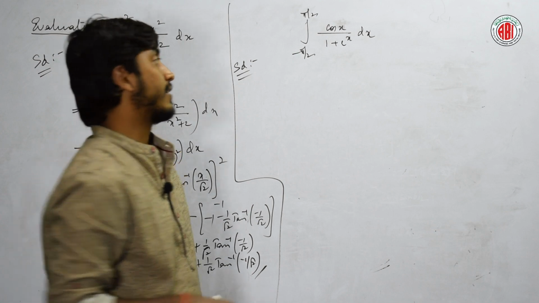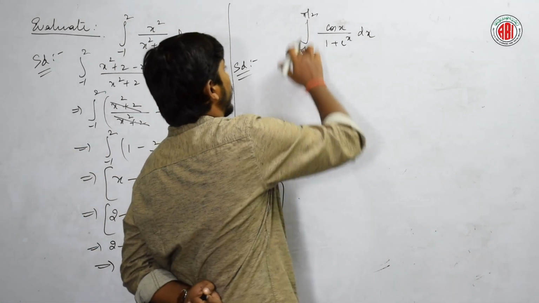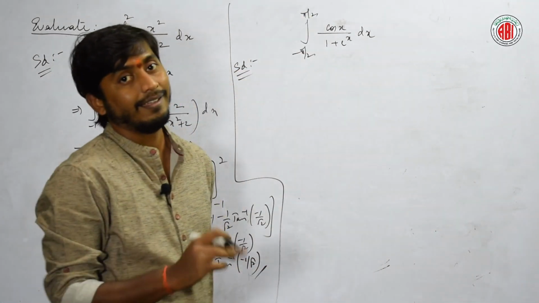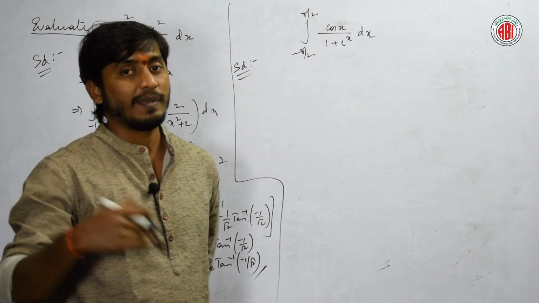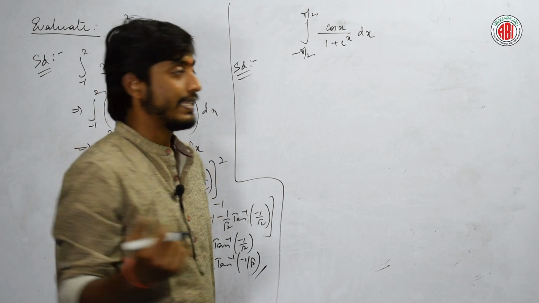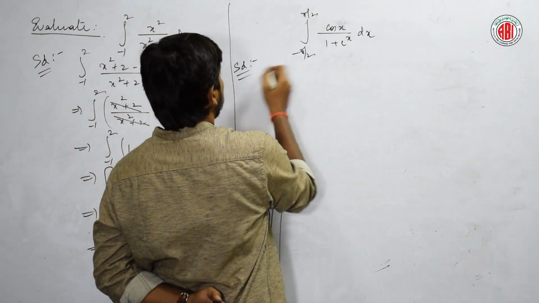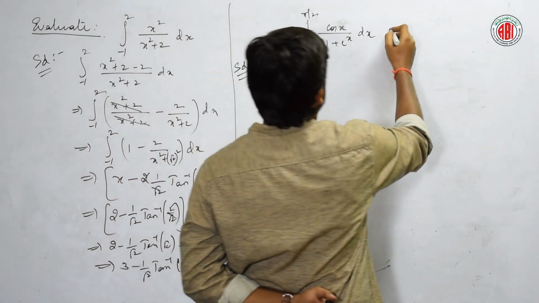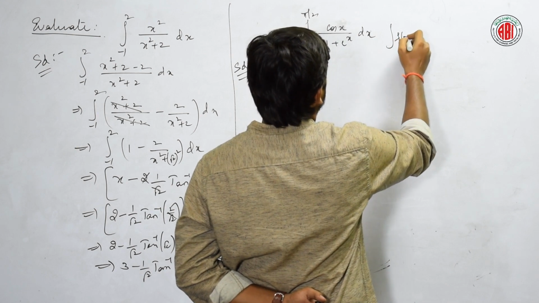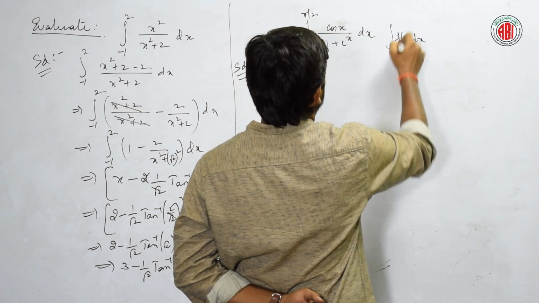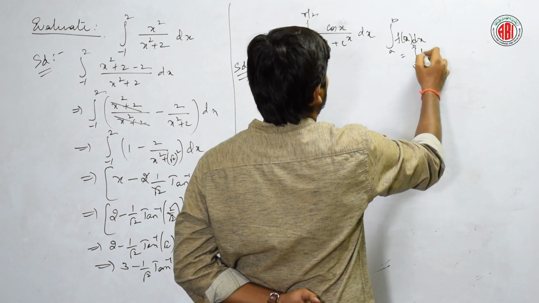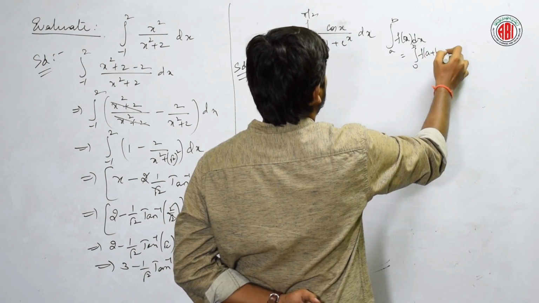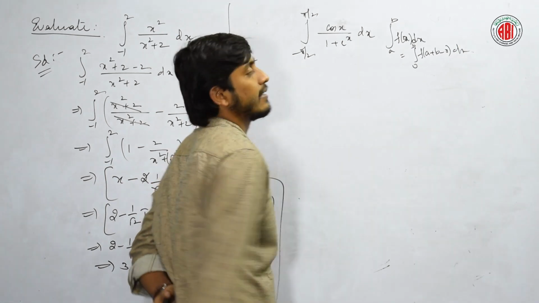Clear? Next, let us use one formula here. What is it? Instead of x, can I write it as a plus b minus x? Yes. So let me use the formula. Integral f of x dx from a to b can be written as integral from a to b f of a plus b minus x dx.